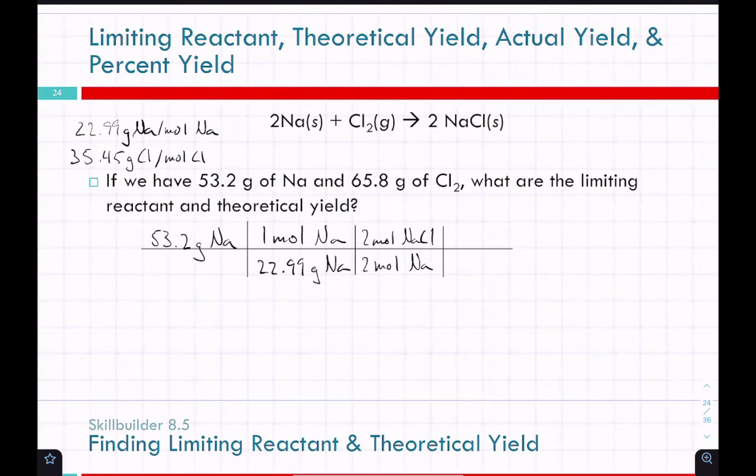So those two added together, 35.45 plus 22.99 is going to be 58.44 grams of, not chloride, sodium chloride per mole of sodium chloride.